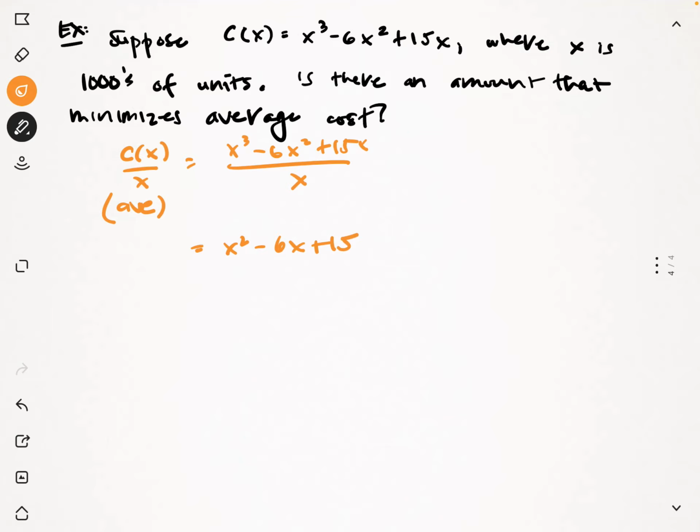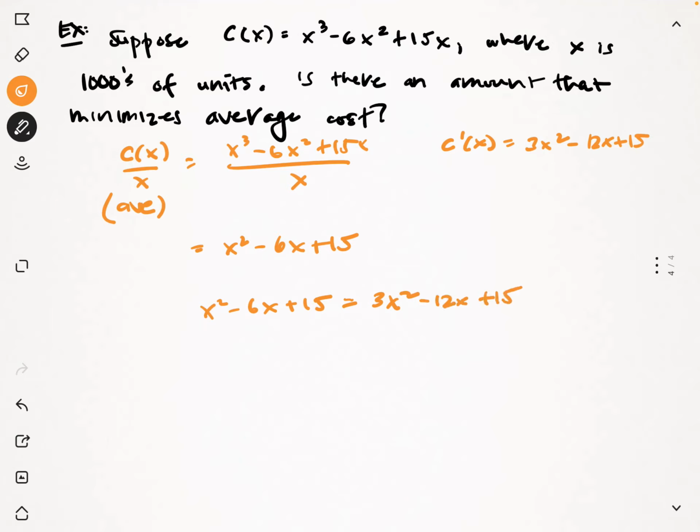Then we're going to do the marginal cost, so C prime of x, which means the derivative. So we have 3x squared minus 12x plus 15. We're going to make these equal to each other: x squared minus 6x plus 15 equals 3x squared minus 12x plus 15.